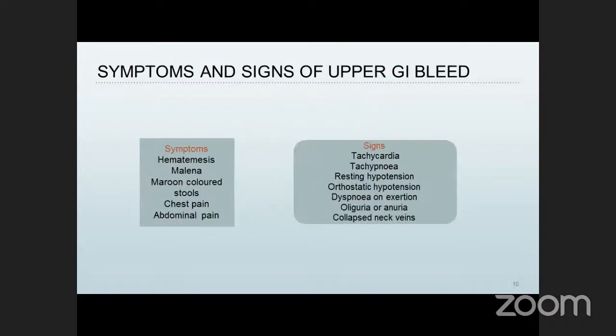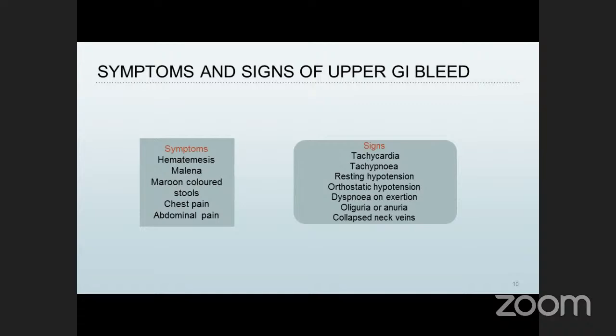So considering the above case scenario, let us say the patient has presented with hematemesis, melena, or maroon colored stools, or associated with other complications like chest pain or abdominal pain. These are the common presenting symptoms in a patient. The signs could be tachycardia, tachypnea, resting hypotension in a patient who was normotensive or hypertensive previously, orthostatic hypotension, that is a fall in BP of more than 15 mmHg and a rise in heart rate of more than 20 beats per minute, dyspnea on exertion, oliguria, collapse, flat neck veins.